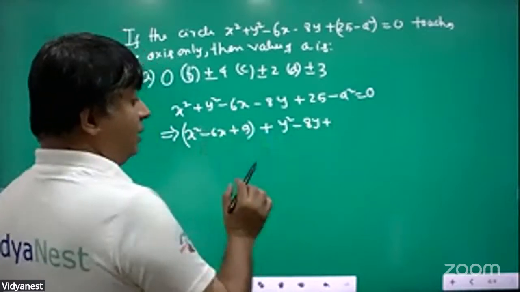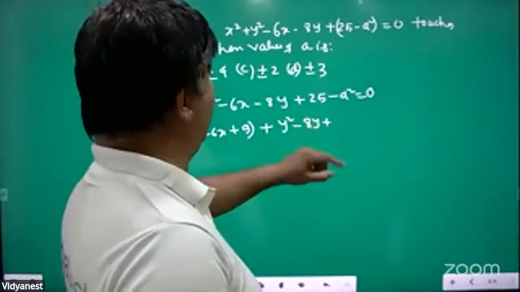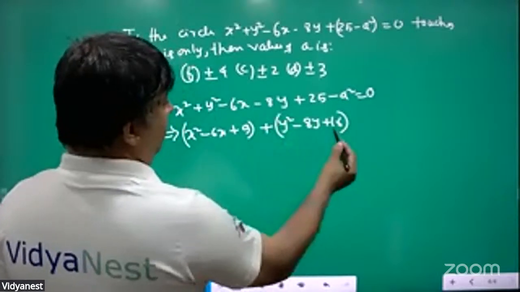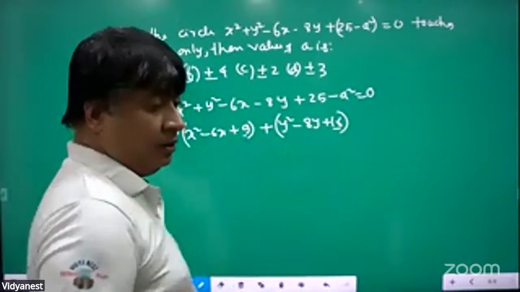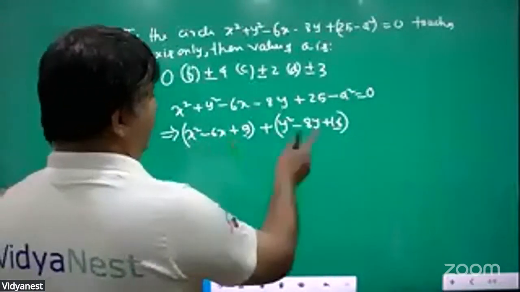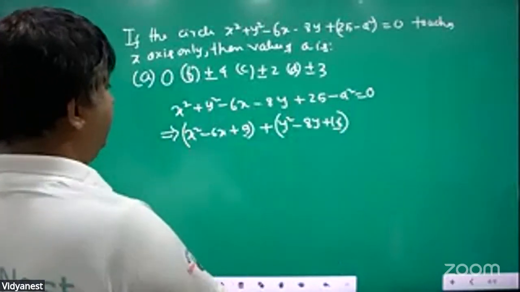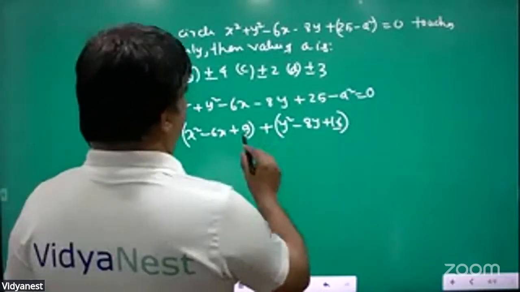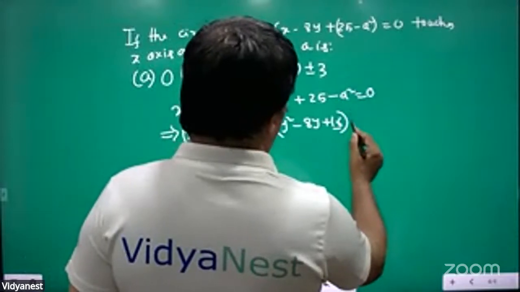To get a square minus 2ab, you need a 16. So we have borrowed 16 and 9, so we have to return it by balance. I added, so I subtract.